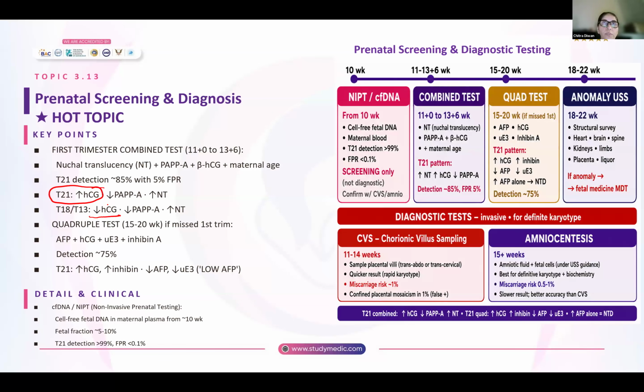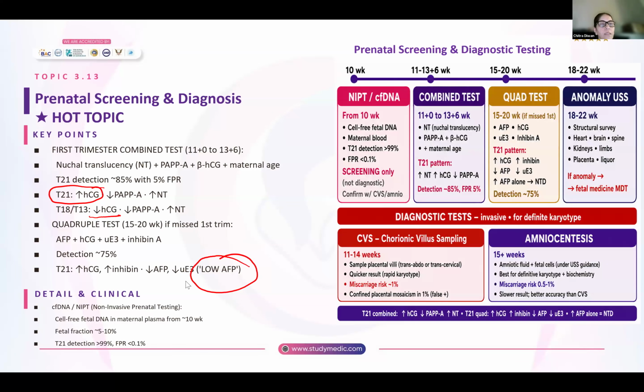So for trisomy 21 or Down, HCG and inhibin are increased, alpha fetoprotein and estriol are decreased, and alpha fetoprotein is very low. Normally, with alpha fetoprotein, we are looking out for neural tube defects, especially open neural tube defects. We know alpha fetoprotein is going to be raised. Whenever you see low alpha fetoprotein levels, think of Down syndrome.